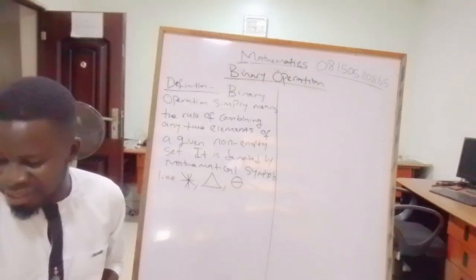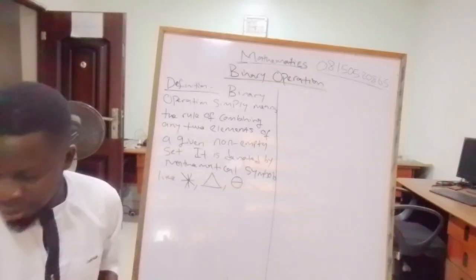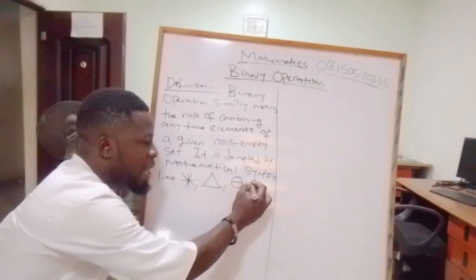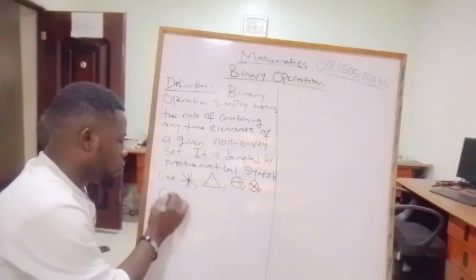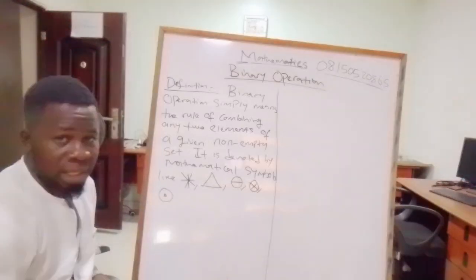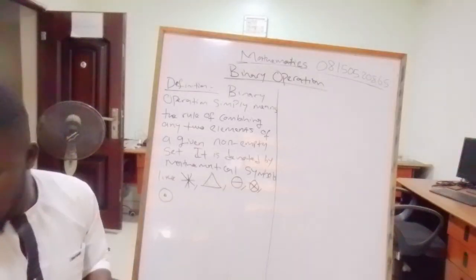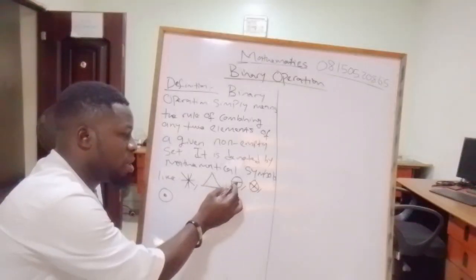So then there are still other symbols. This one is a normal circle. You have met a circle with an X inside it. You have met a circle with dots inside it. They are what? Symbols, depending on what they want to give you. Then this X is multiplication, this one is minus.